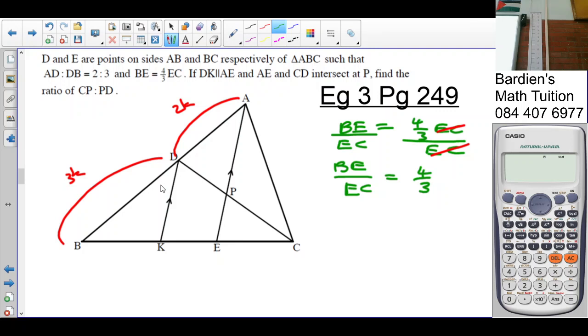Now what do we notice? BE and EC. So what do you think we're going to put here? We're going to put the 4K over 3K here? Why wouldn't we put a K there?